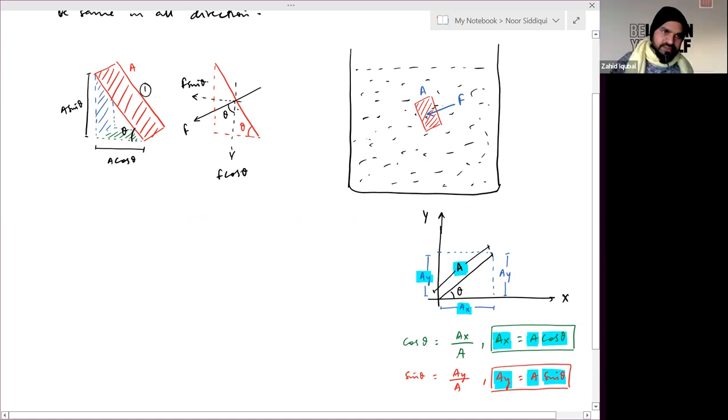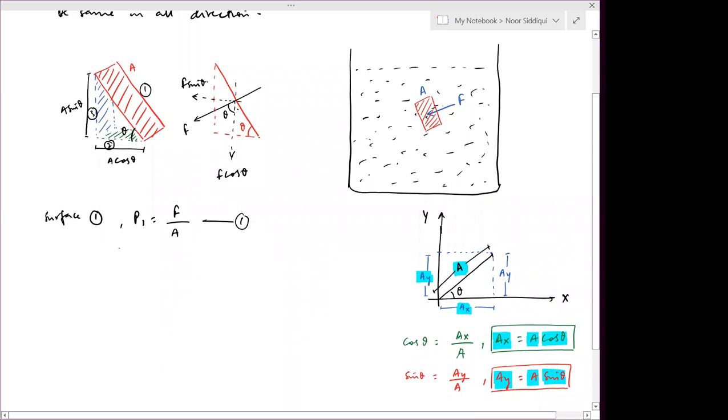This is called resolution of a vector, or breaking of a vector into its respective axes. Any doubt? No, sir. Now let me define this. Let's say this is surface 1, this bottom is surface 2, and this is surface 3. For surface 1, pressure equals force divided by area of cross section. For surface 1, force is F and area is A. So pressure will be just F by A. Is it clear?